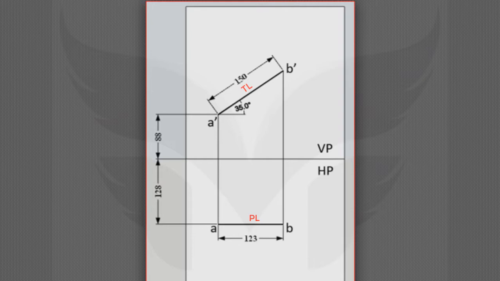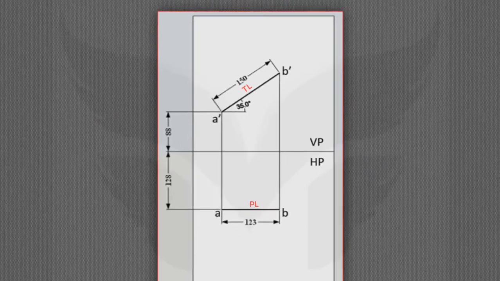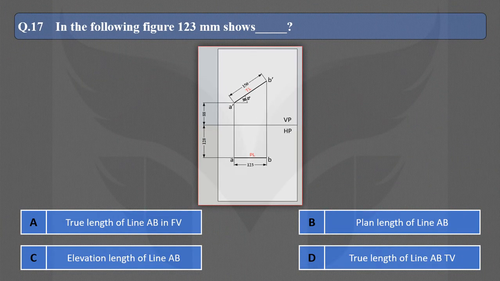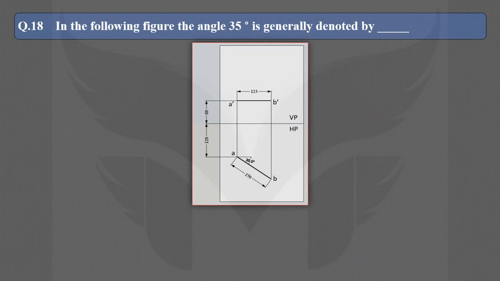So the plan length is a length which appears in the top view, which is not a true length. And hence the correct option is B. Next question. In the following figure, the angle 35 degree is generally denoted by dash dash.